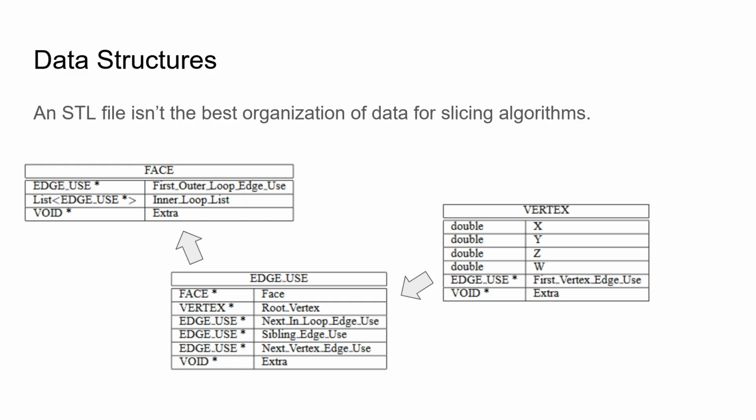And so the authors of this paper created their own data structure to describe a face by its edges, and then the edge, no surprise, is described by vertices, and things are all linked together, referenced together.